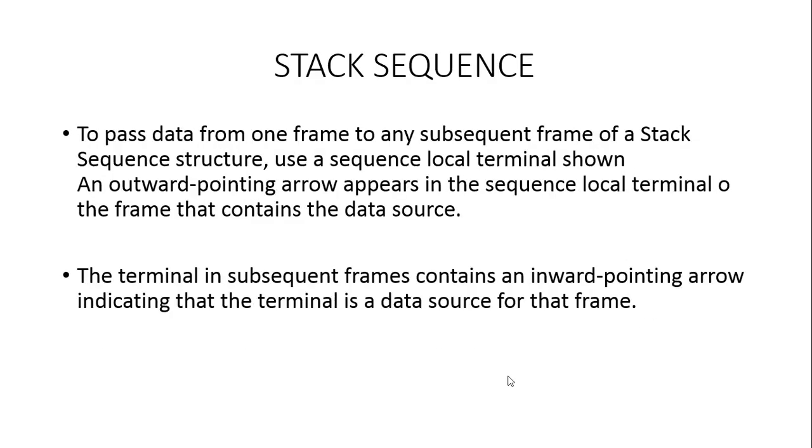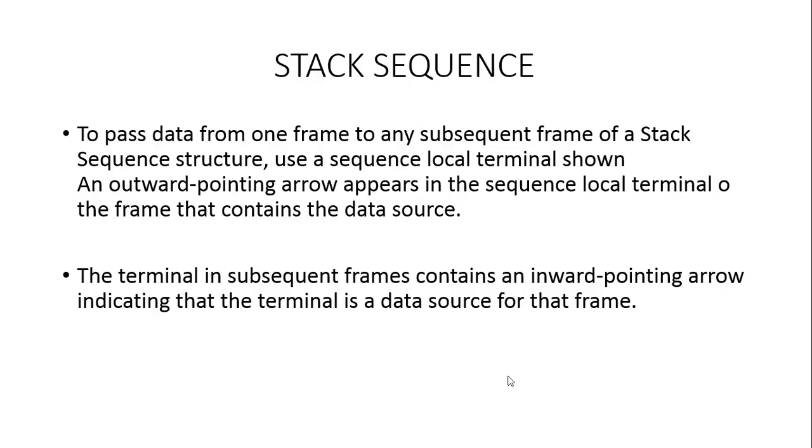To pass data from one frame to any subsequent frame of a stacked sequence structure, use a sequence local terminal. To create one, right-click the stacked sequence and select Add Sequence Local. It forms a small yellow rectangular box. An outward-pointing arrow appears in the sequence local terminal, showing that data can pass through it.